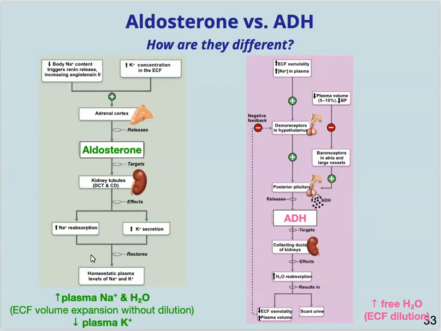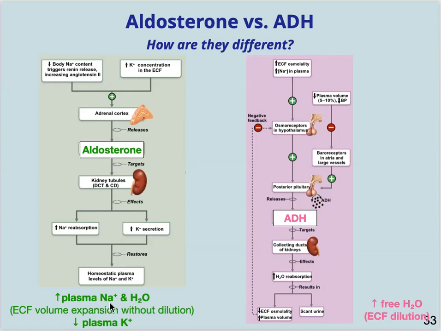And that allows us to restore our plasma volume, because the water then follows by osmosis. In other words, the overall effect is an increase in ECF volume without dilution, because the water that's reabsorbed is accompanied by the salt.